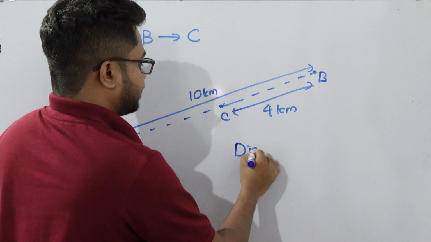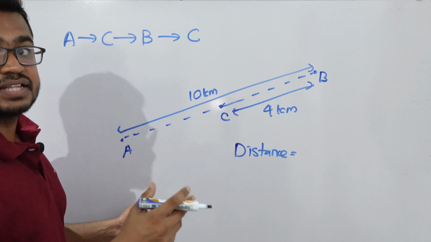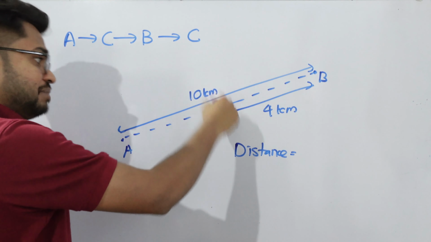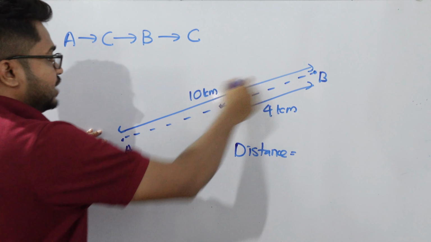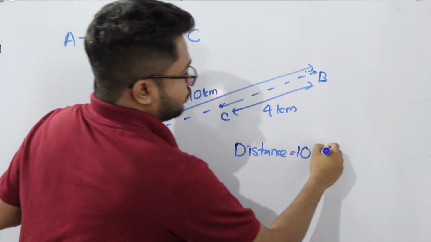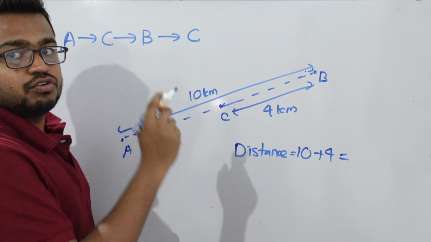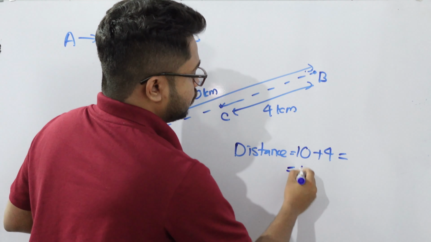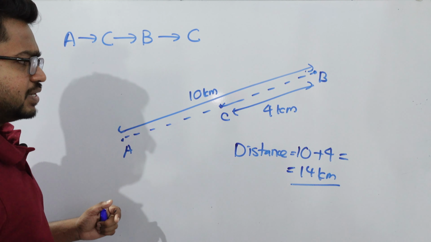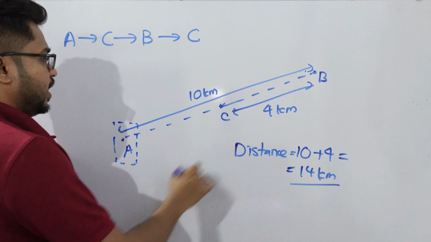What's the distance? Distance is equal to the length of the path taken. The man went from A to C and to B, and then came back to C again. From A to B you have 10 kilometers, and on his return journey he came back 4 kilometers. So altogether this man traveled 10 plus 4, which is equal to 14 kilometers. But what's the displacement? Where did he start? He started here at A. Now where is he?